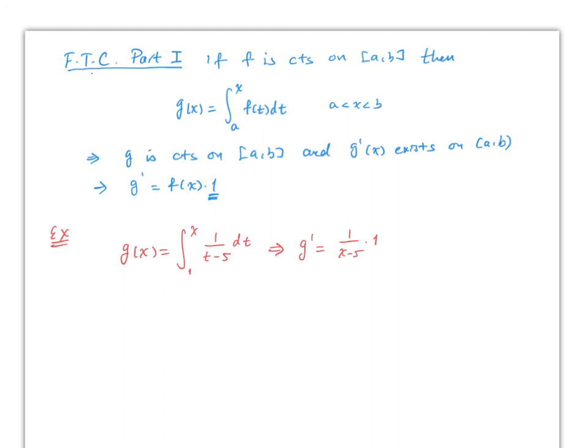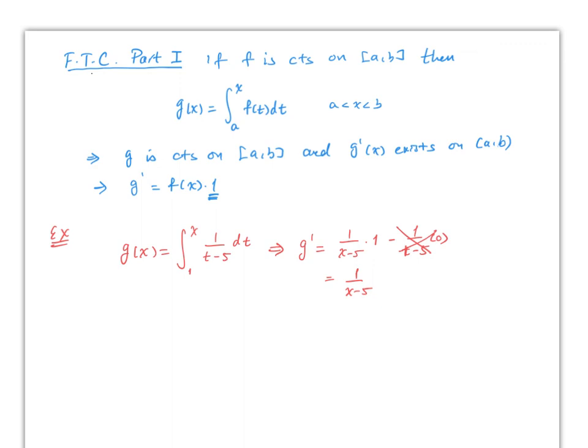Now technically this is equal to 1 over t minus phi times the derivative of 1, but since the derivative of 1 is a constant, you don't have to worry about this part. So the answer is just 1 over x minus phi. So you can see this is still the same thing, except the derivative cancels the integral.